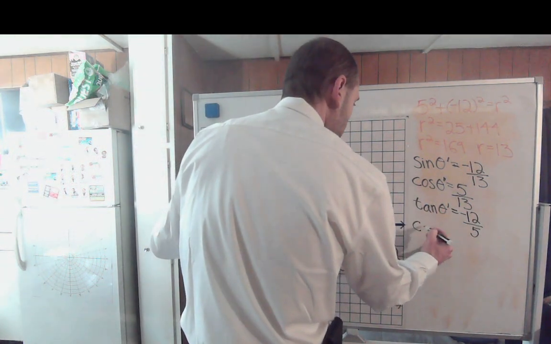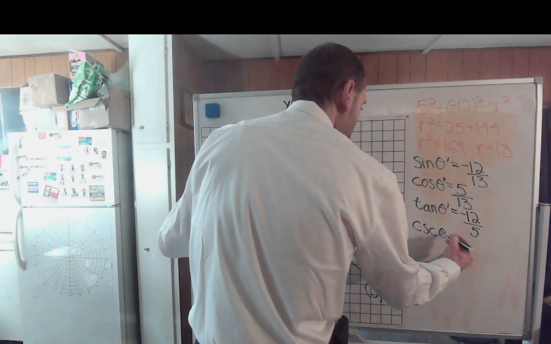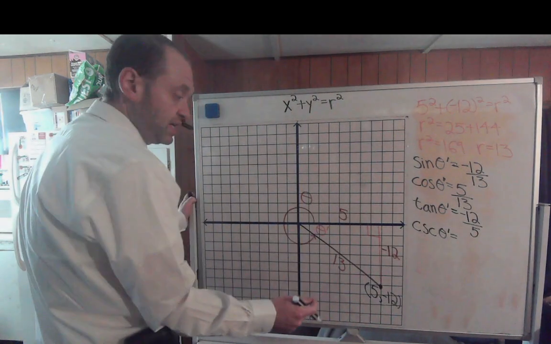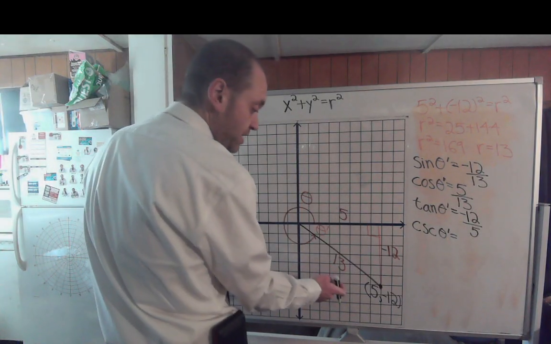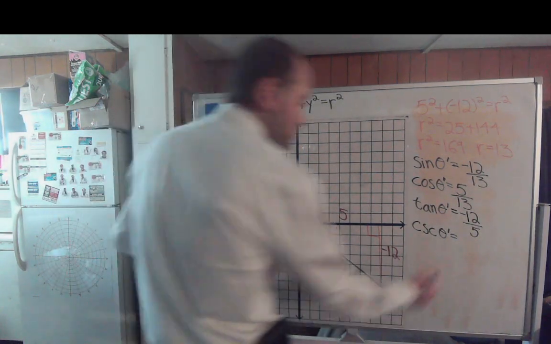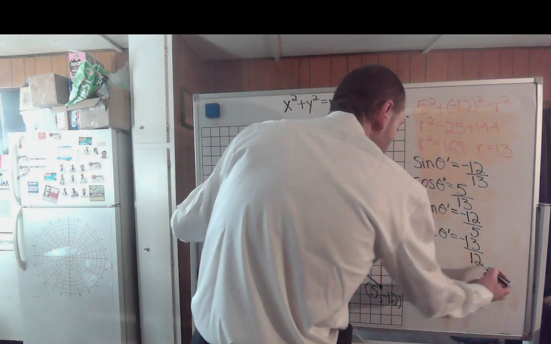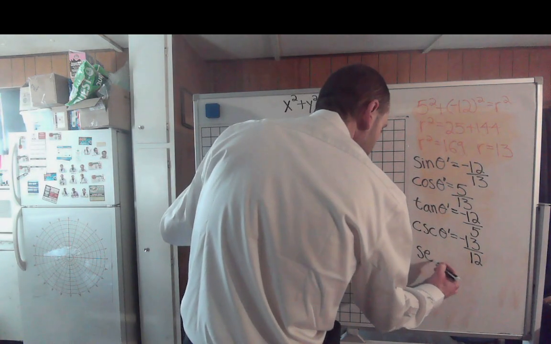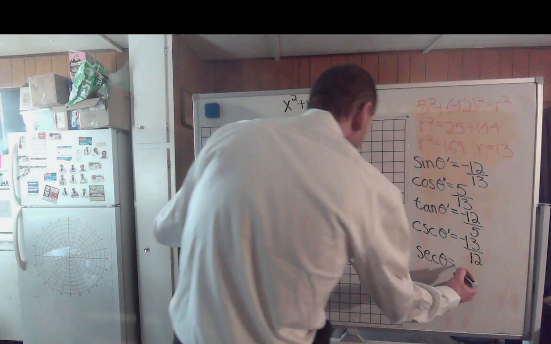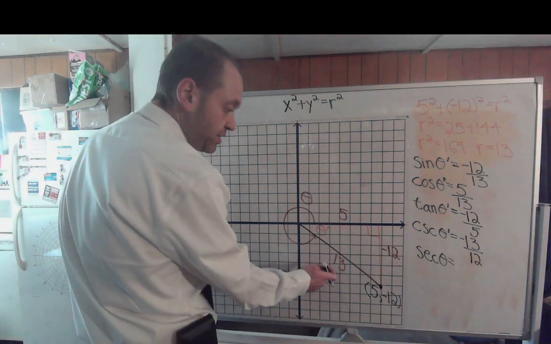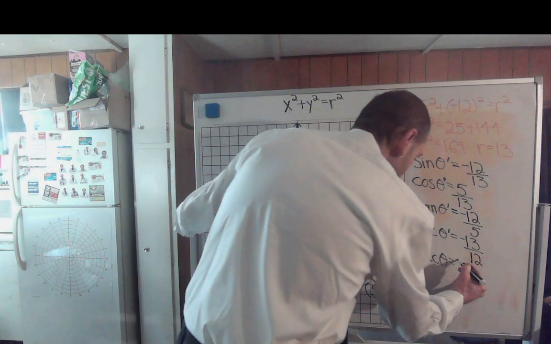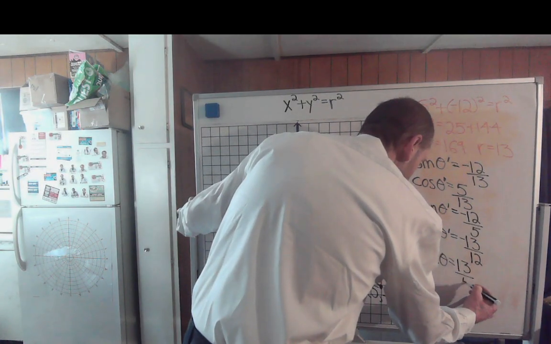Alright, let's find the cosecant of theta prime. The cosecant is always going to be the hypotenuse over the opposite side, so you would end up getting -13/12. Then we can find the secant of theta. That's going to be the hypotenuse over the adjacent side, so that would be +13/5.